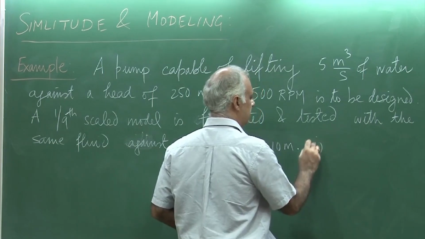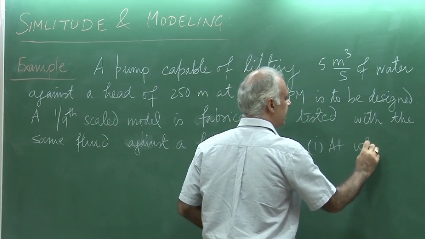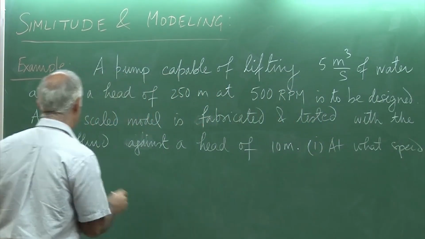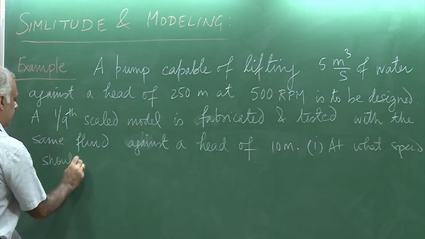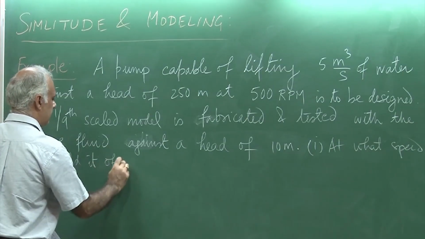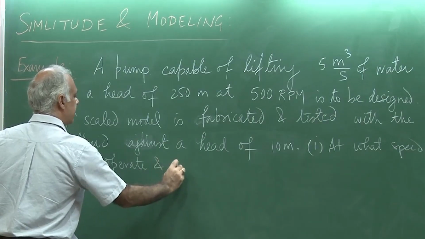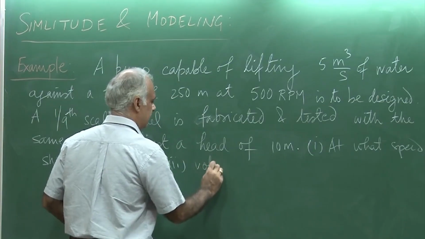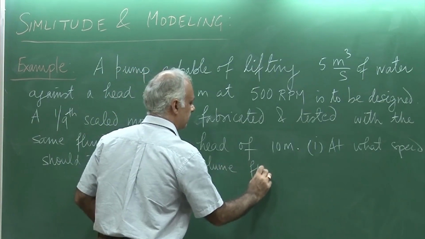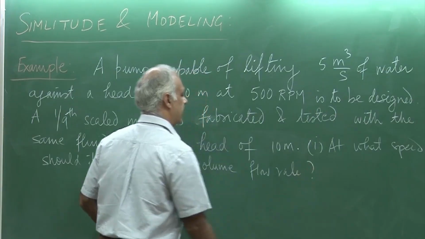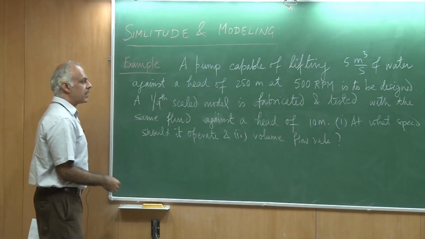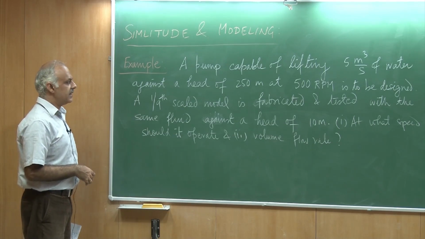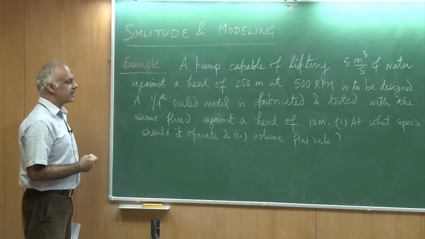So, first, at what speed should it run? By speed we mean RPM. And secondly, the volume flow rate. So, the prototype is with 5 meter cube per second, and the RPM is 500.